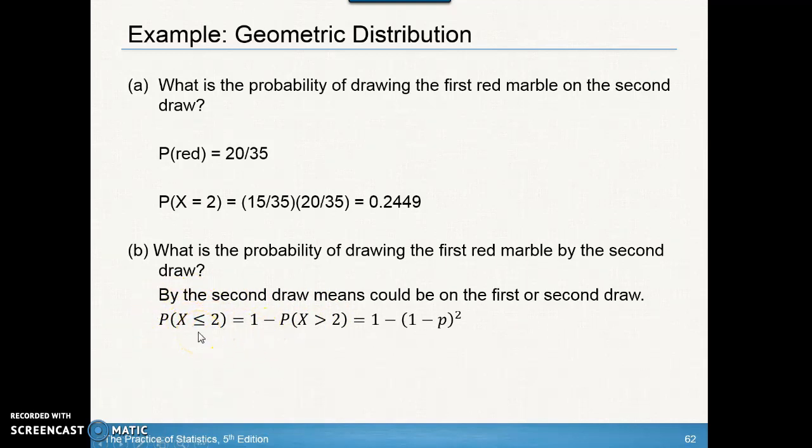What's left over is less than or equal to 2. So remember we said here probability that x is greater than 2 means I'm going to have 2 failures, okay, and then I end up getting my first success. So 1 minus the probability basically of 2 failures here. Okay, which gives you 0.863.